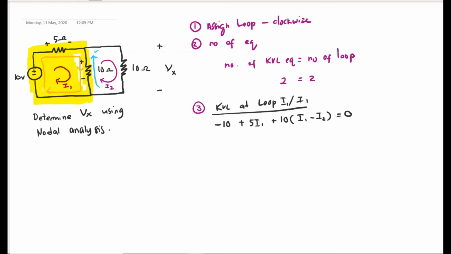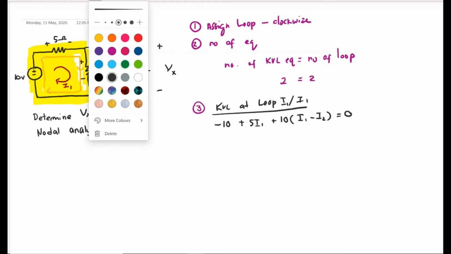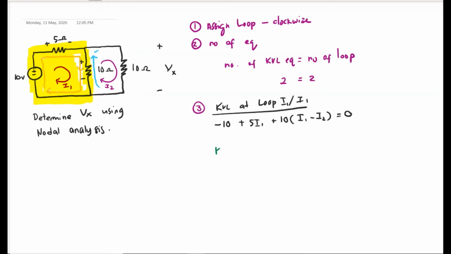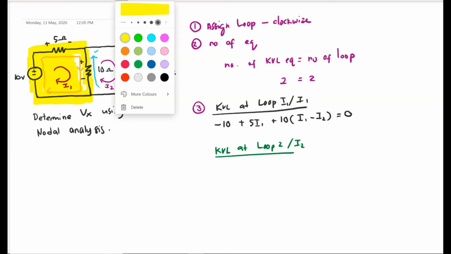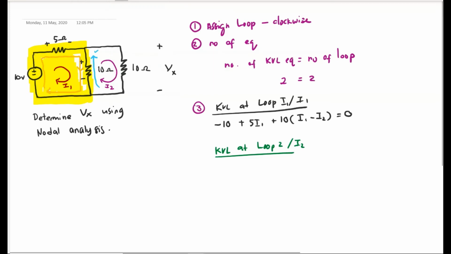And then for the second loop, KVL at loop 2 or I2. So these are the elements that are related to I2. We consider that I2 is dominant, so the polarity will be like this.